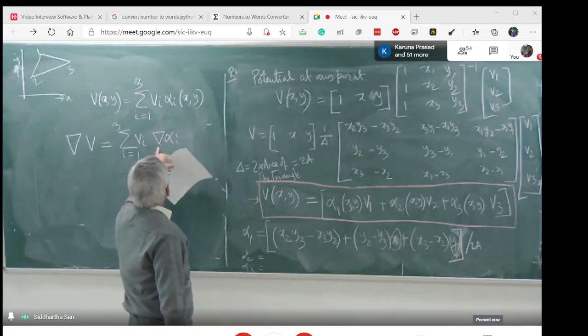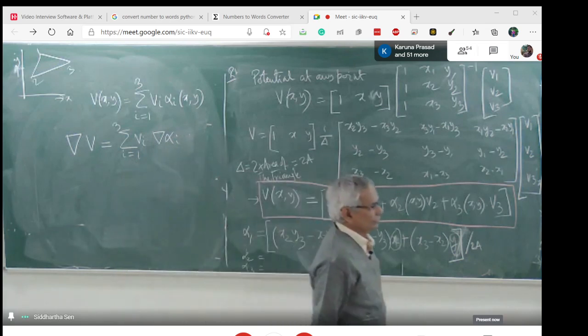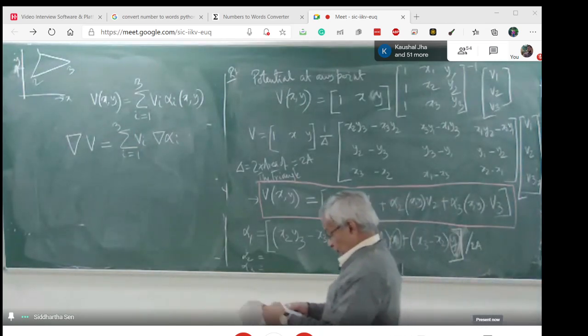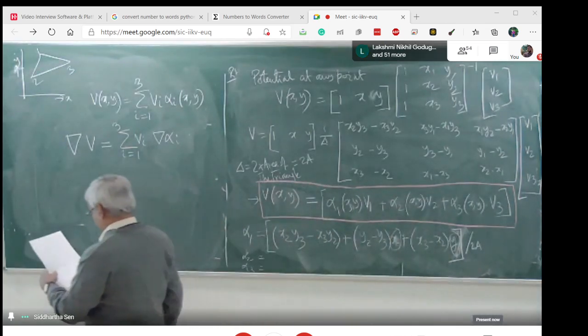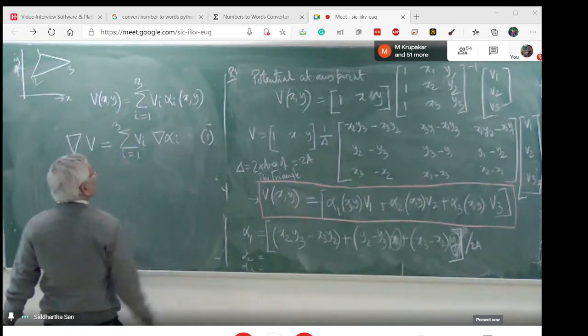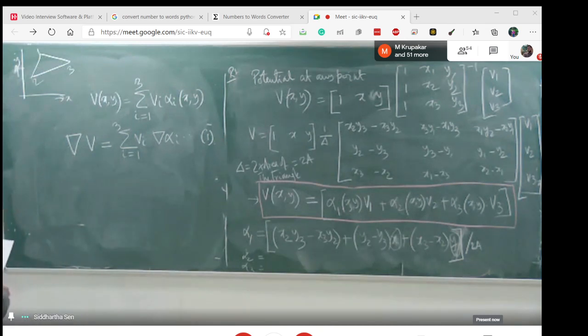So naturally it is in alpha, so it is nabla alpha i there. Okay. So, if I put it in equation 1 there.